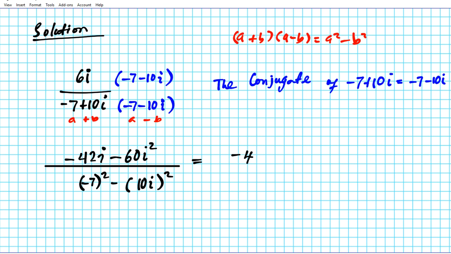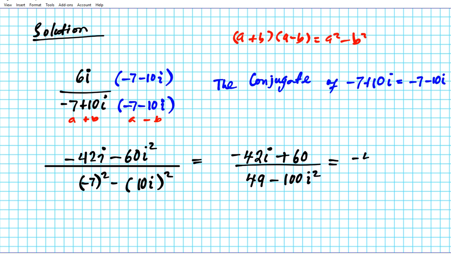So we simplify, we get negative 42i. I squared becomes negative 1, which changes this minus to a plus 60, over, in the denominator we have 49 minus 100i squared.